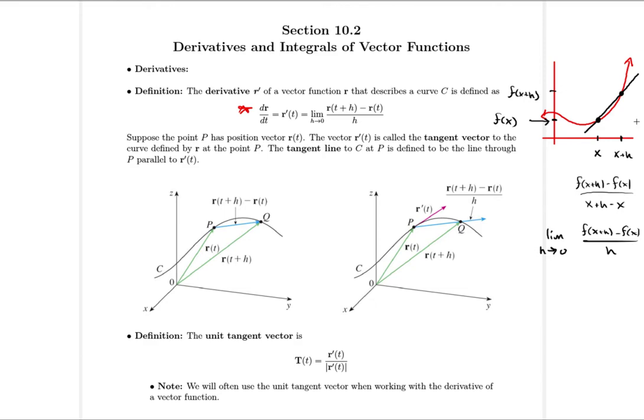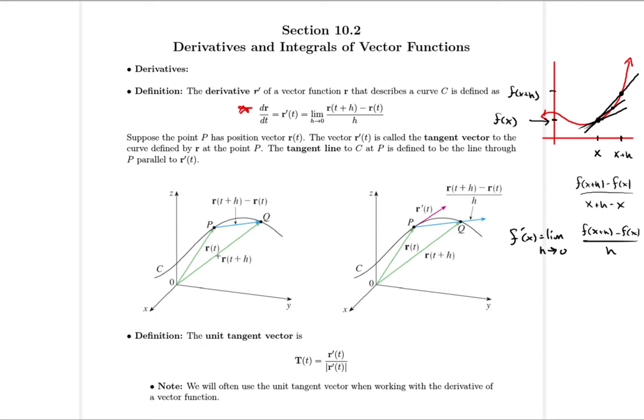The smaller that h gets, the closer together these points get, until they're so close together that it's basically going to end up being the tangent line. So that's just a quick reminder of why f prime of x is equal to this limit definition. It's the same thing here, and it's the same picture you can see down here.